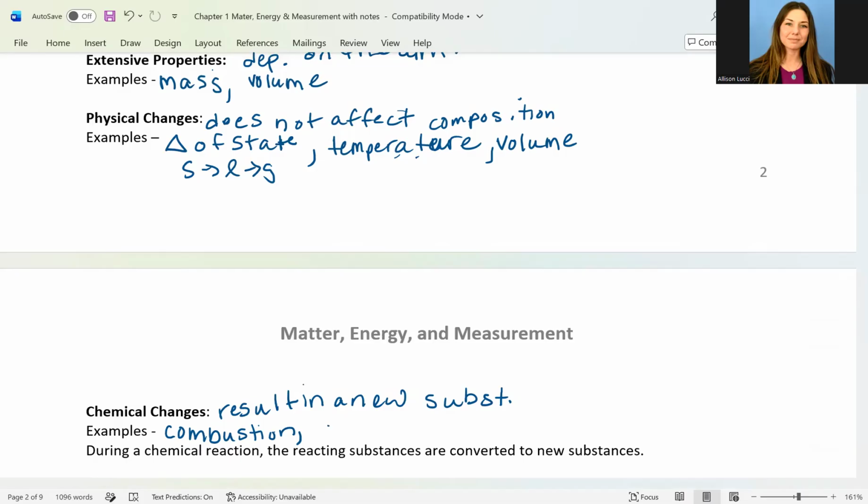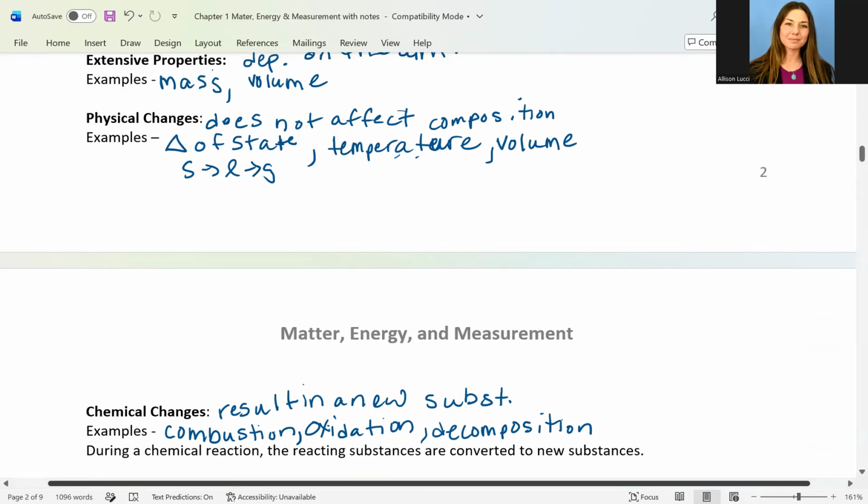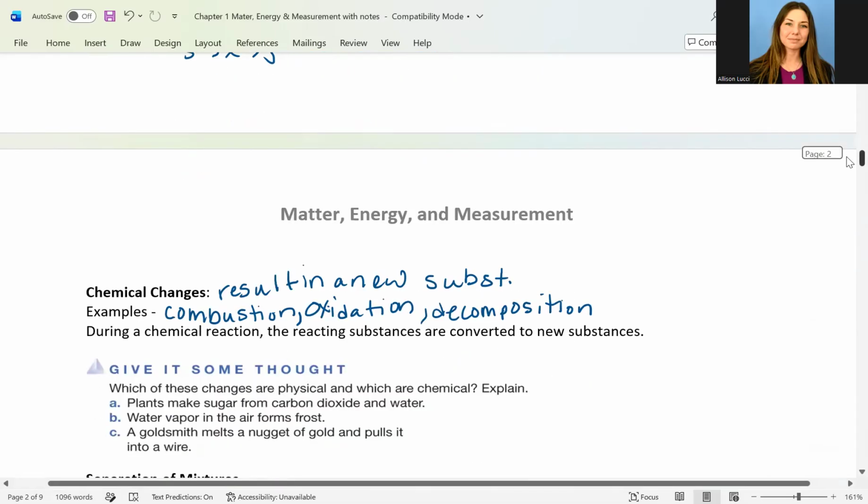Any hydrocarbon, we get the same two products. We'll see that later on. Another example could be oxidation. So you're going to change the composition of your matter if it combusts, if it oxidizes, if it decomposes. So we'll also list decomposition. So these are examples of different properties and ways that we can differentiate and observe matter and sort matter into different categories.